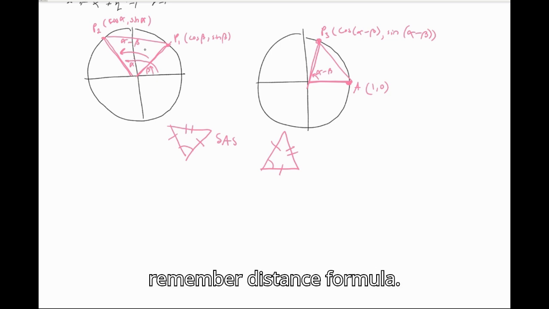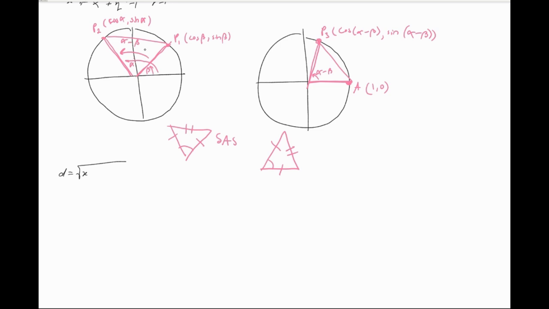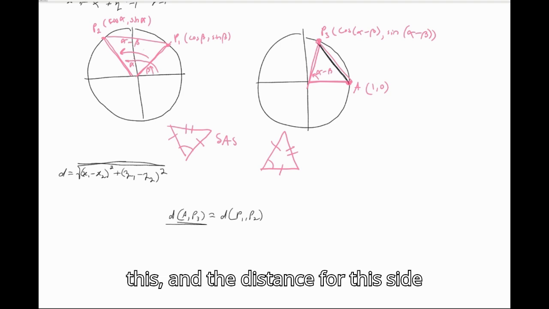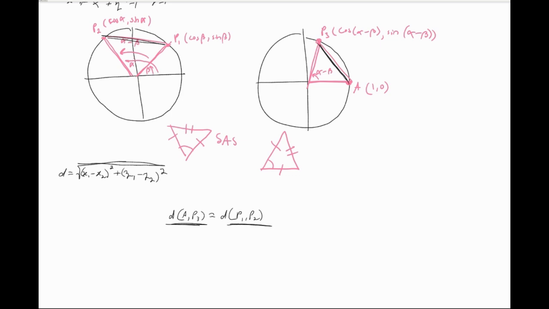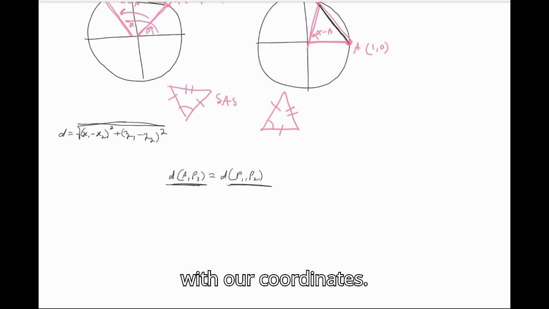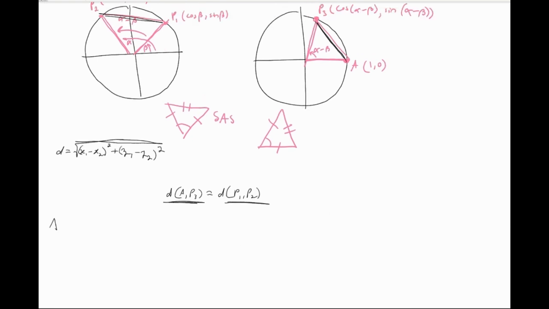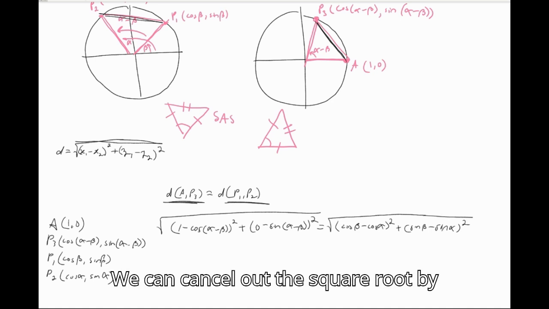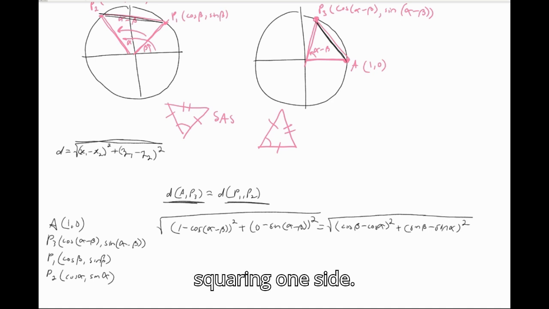To remember the distance formula, distance for this side is this, and the distance for this side is this. Now let's substitute the distance formula with our coordinates. So we can cancel out the square root by squaring one side.